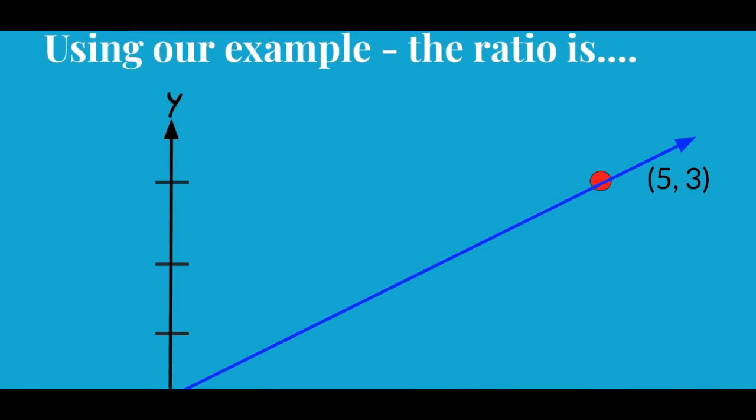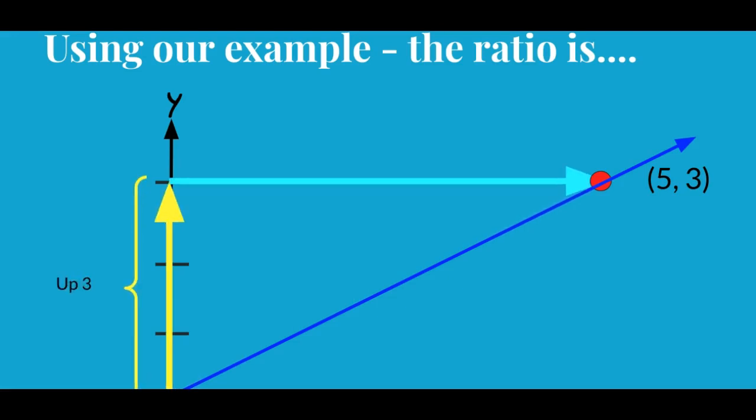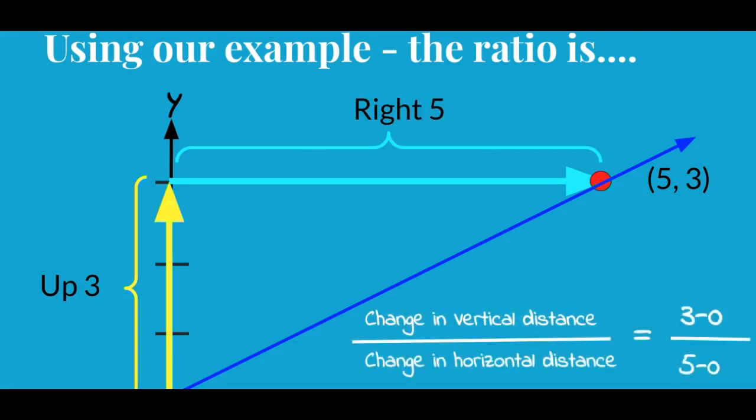If you're in my class, I taught you that you can find this slope using the slope formula. Okay, here we go. So here's the actual slope formula. There's two ways that you can find the slope on the graph of a line. You can use the formula y2 minus y1 over x2 minus x1, which is what you see here.